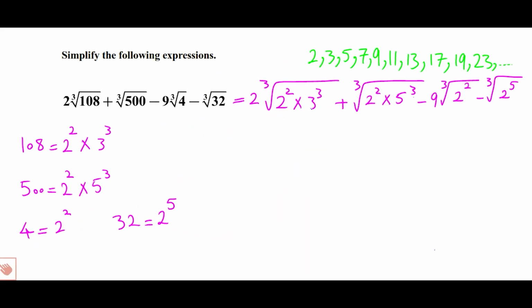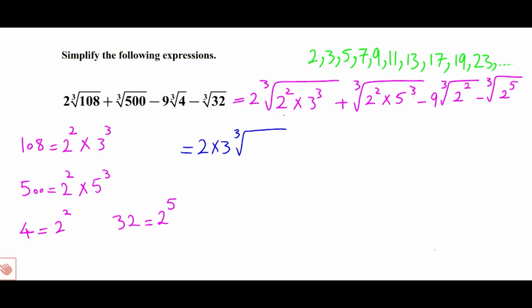Okay? Now 3 cubed and 5 cubed come out from inside the radicals. So we have is equal to 2 times 3 times the cube root of 2 squared. 2 squared cannot come out from inside the radical because its exponent is less than the root of the radical.